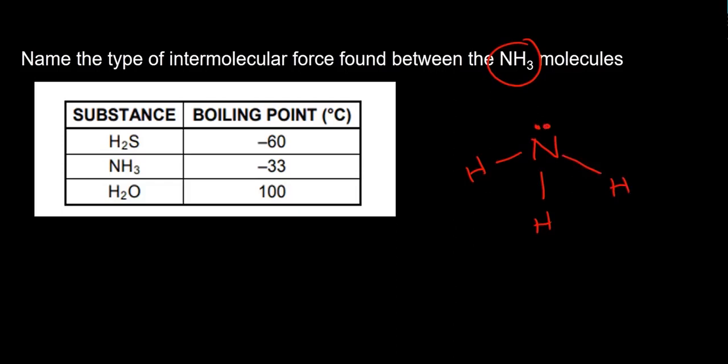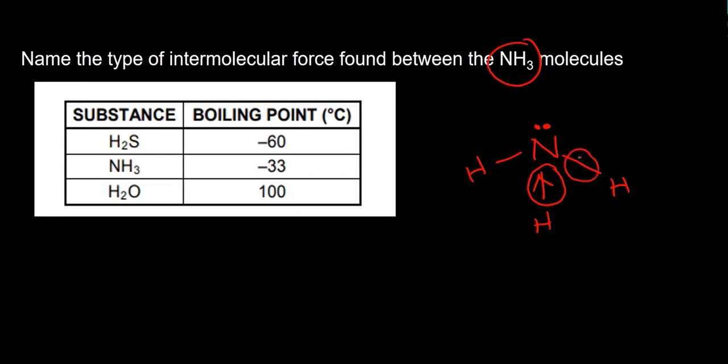And those hydrogen atoms that are bonded to the nitrogen, the shared bonding electrons are going to be pulled towards the nitrogen. Because nitrogen is really electronegative, the cloud of electrons is going to sit over the nitrogen.